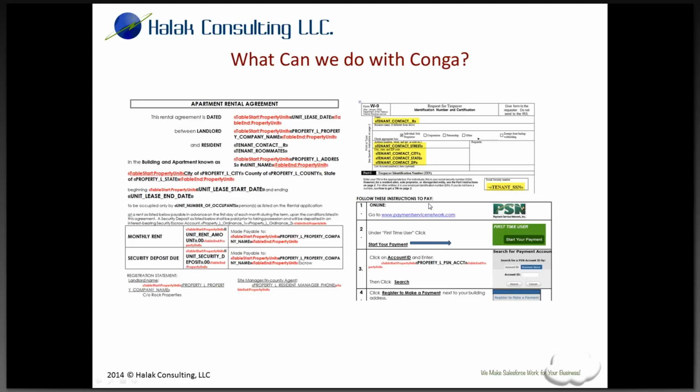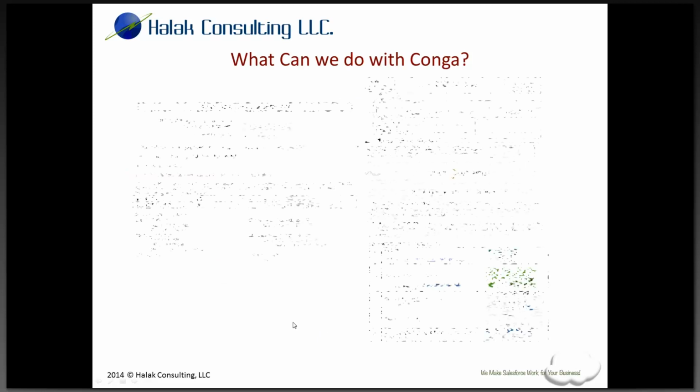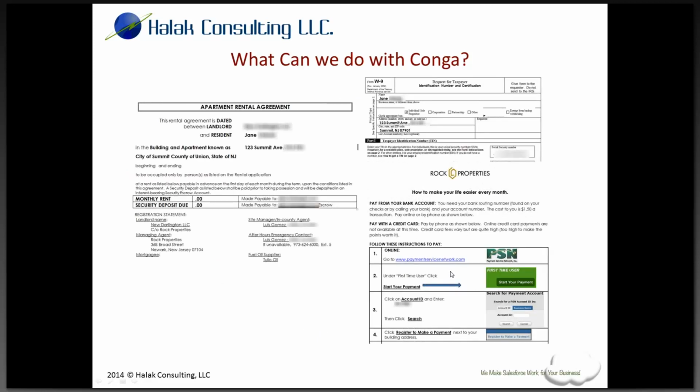So can we show the end result, Teresa? Yeah. So this is what the document that is generated looked like. So we had built a custom object for them called a tenant.